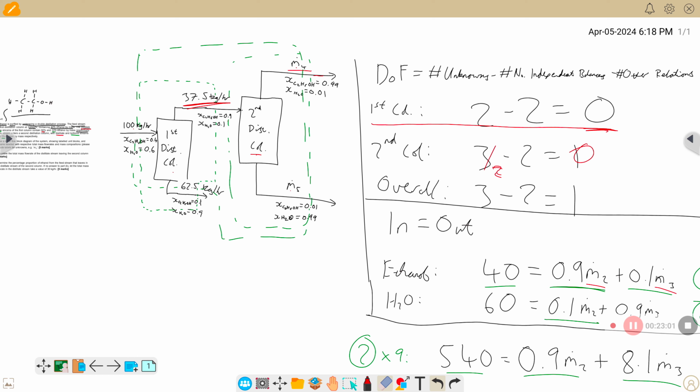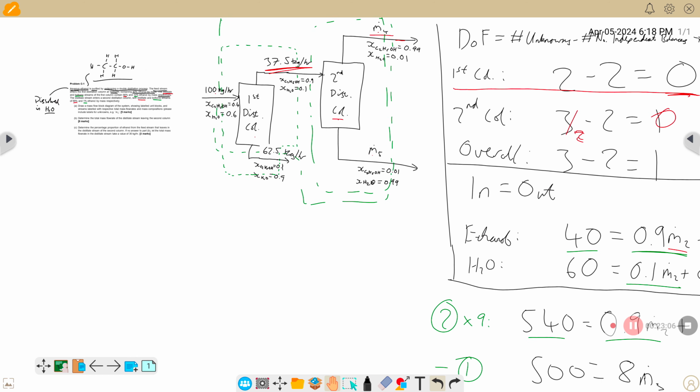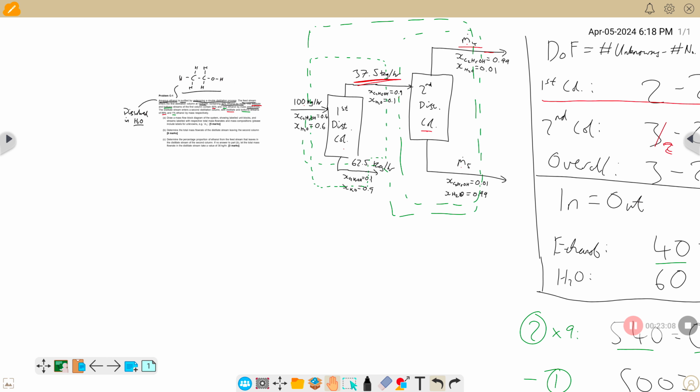So let's carry out a mass balance for my second column then. Again, in equals out. So in terms of my ethanol, that will be 0.9 times 37.5, because it's 90% of that 37.5 stream that is ethanol.